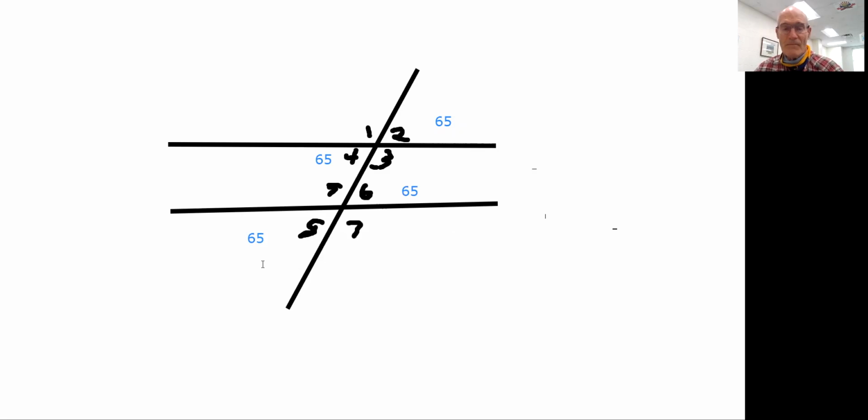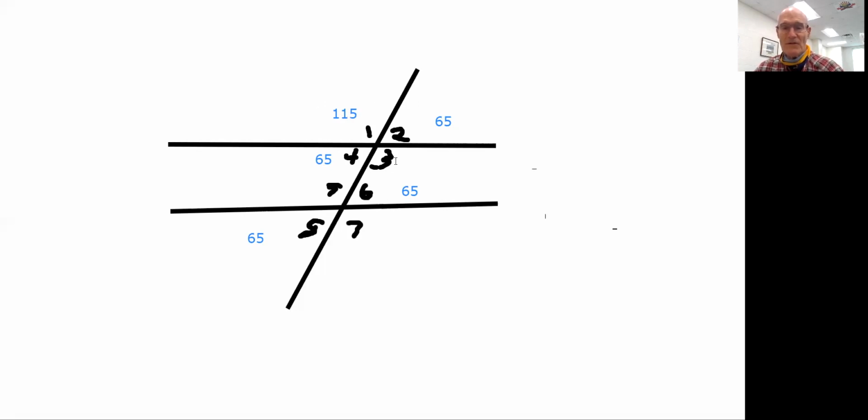And then the other 4 angles, if you'll notice, angle 1 and angle 2 form a linear pair, which means they add to 180. So that means angle 1 over here has got to be 115 degrees because 115 plus 65 equals 180. And you notice here, 1 and 4 are a linear pair, and 115 and 65 there also add to 180.